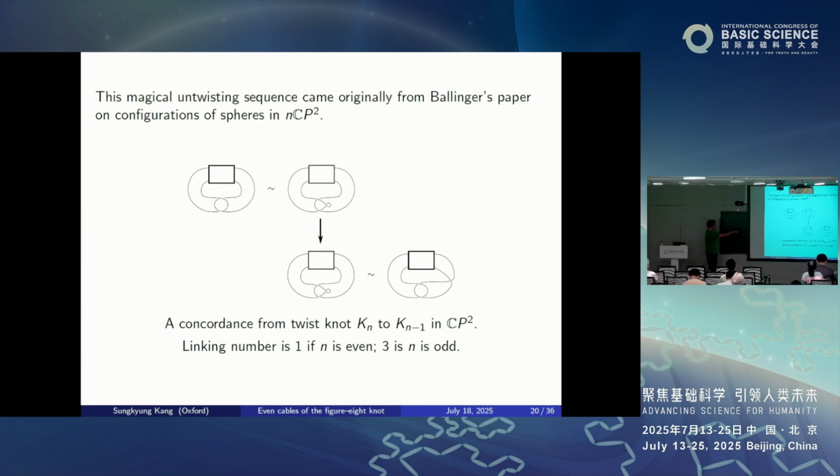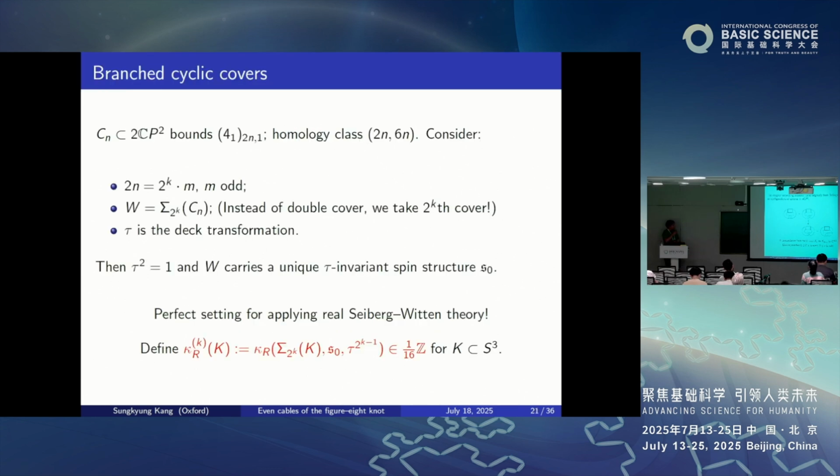You isotope like that, and then you draw a small hoop here and add a -1 full twist. Then it becomes like that, and the number of half twists decreases by 1. And the figure 8 knot is a twist knot. That's what happened.